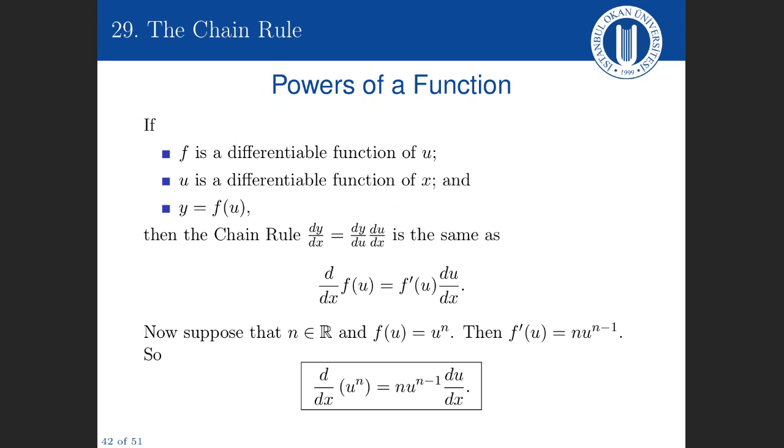In this section, let's suppose that f of u is always u to the power n for some number n. We know that f prime of u is n multiplied by u to the power n minus 1. So the chain rule tells us that d dx of u to the power n is n multiplied by u to the power n minus 1 multiplied by du dx. In the next few examples, we're going to be using this formula.